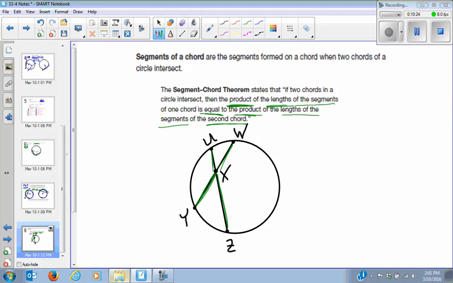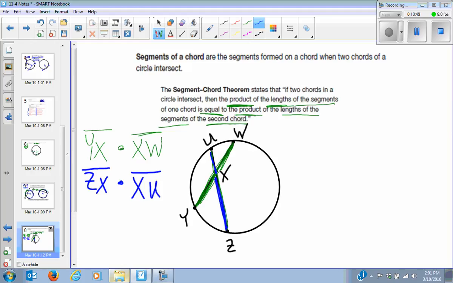So all this is saying is if you take YX, the length right here, and multiply it by XW, so you took this length right here and multiplied it by this length right here, it's going to be equal to ZX, this line segment, multiplied by XU, this right here. Those two things are going to be equal to each other. That's all that theorem is stating.